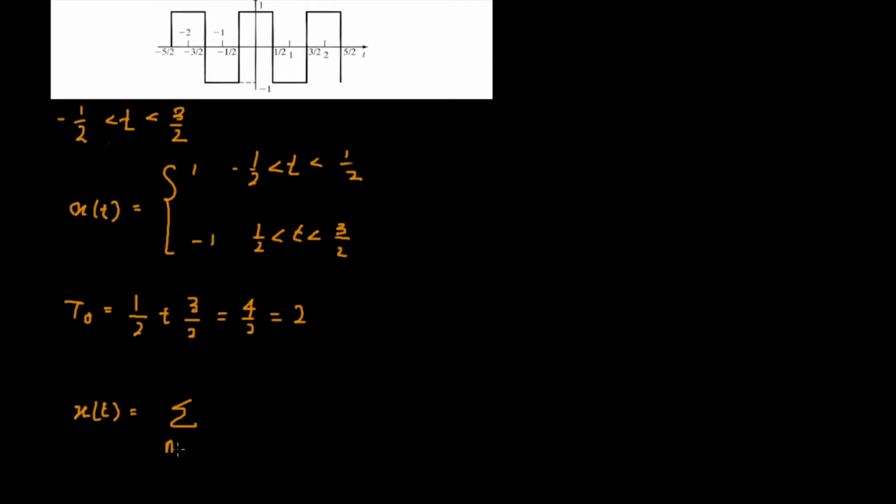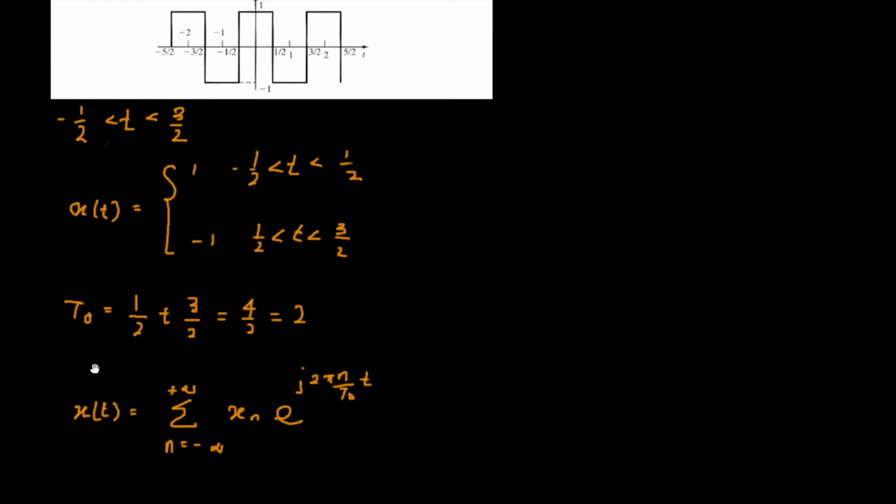Your n is from negative infinity to positive infinity, meaning any value from this range. You have X_n, which is multiplied with the exponent e^(j 2 pi n t over T naught), where this is T. In order to solve this, you need to find your X_n.